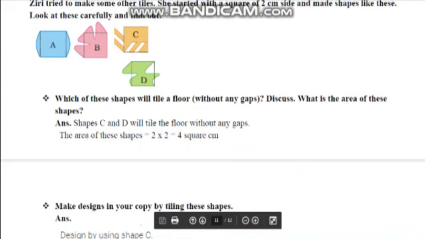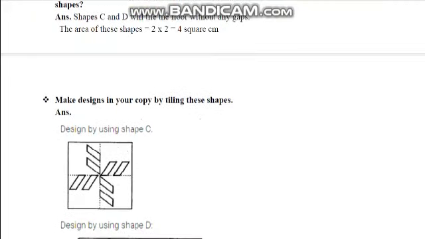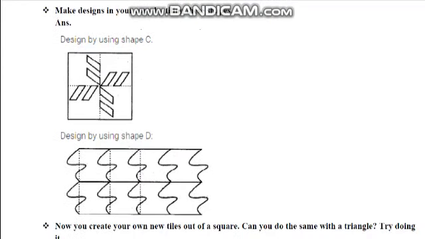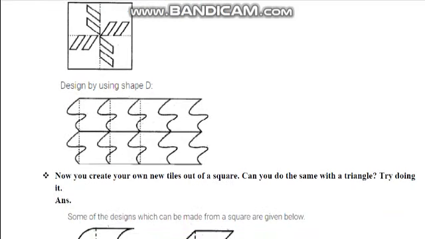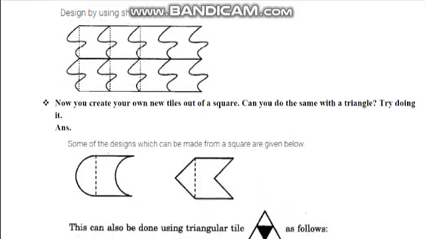Okay, now make a design in your copy by tiling these shapes. You can make the design like this. I have made the design here. Design by using shape C is this, and design by using shape D is this. These are the designs we can make without leaving a gap.